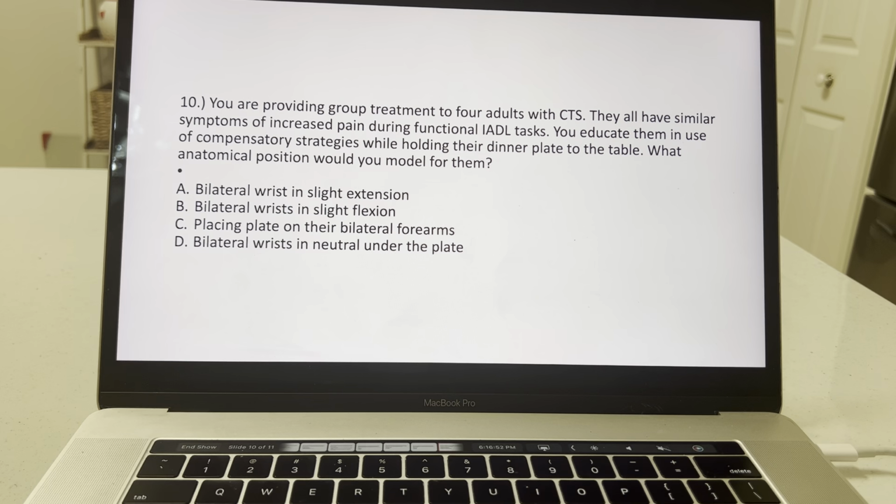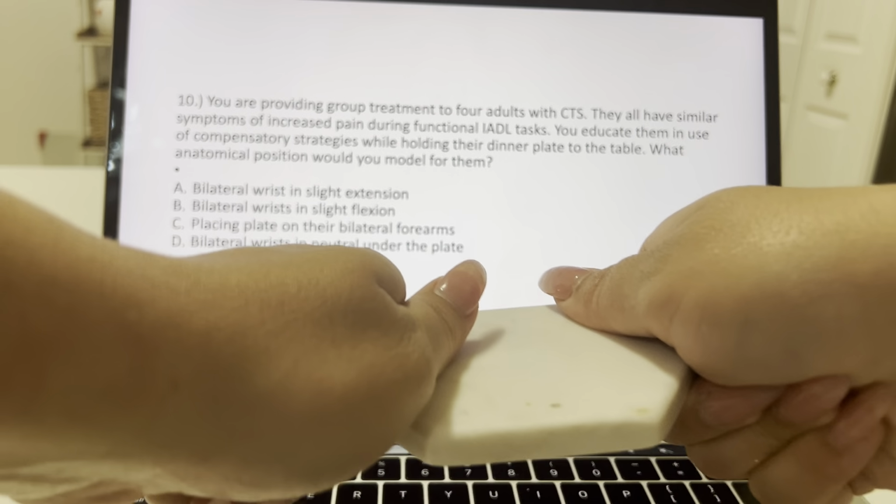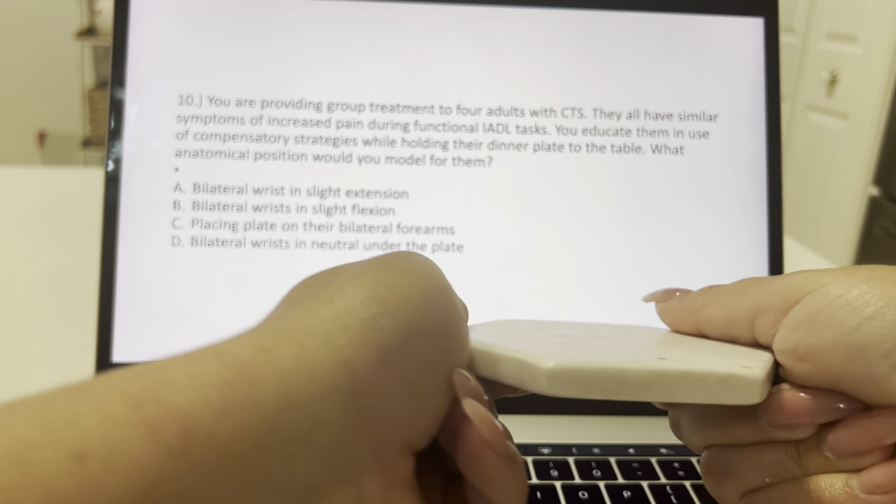And lastly, okay, so you want to be looking at D. All right, so if they were carrying their plate, you wouldn't want someone to carry their plate like this, where you can have some flexion or extension of the wrist.